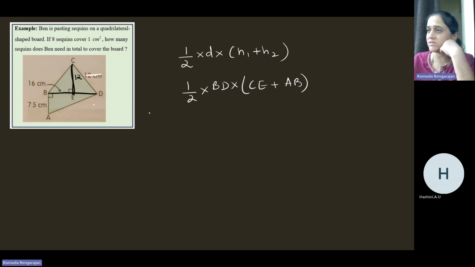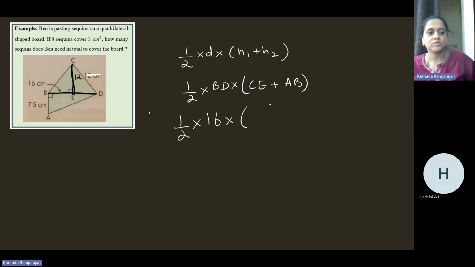We have learned the formula like this, right? To find the area for quadrilateral. Half into diagonal BD into altitude CE plus altitude AB. Half into 16 into 12 plus 7.5.